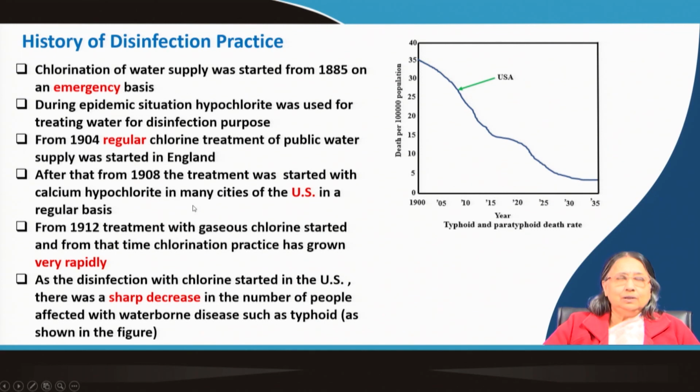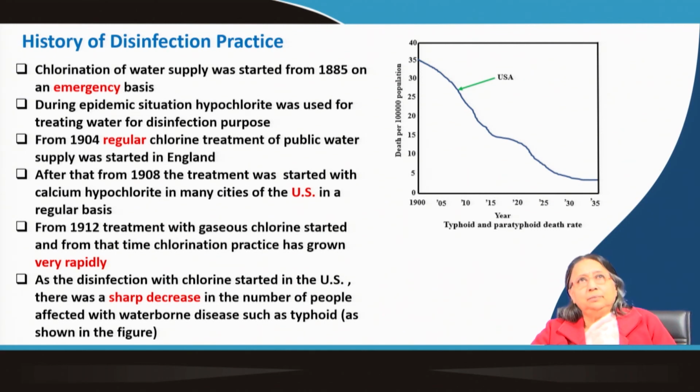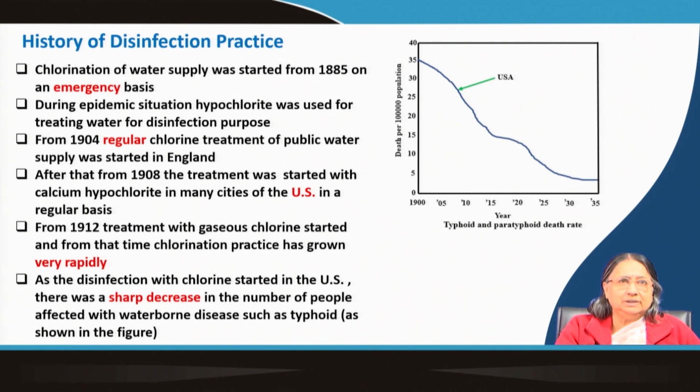So, people could observe that this is a useful thing, disinfection practice is useful. So, they started the process, and all are chlorine based. You can see hypochlorites, calcium hypochlorite, sodium hypochlorite, chlorine, all those things. So, all are chlorine based. From 1912, treatment with gaseous chlorine started, and from that time chlorination practice has grown very rapidly.